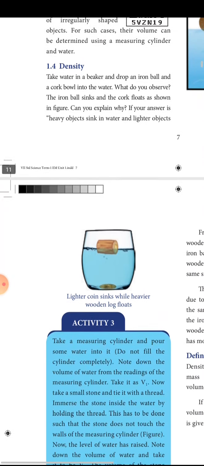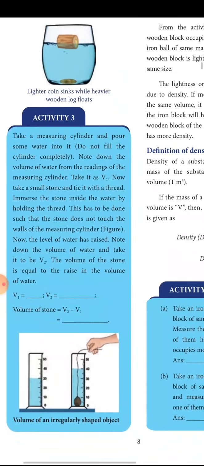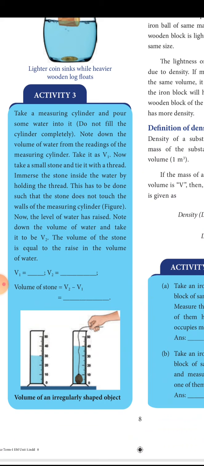Then what I said, volume of an irregular object, that I will send as a video. For example, if you want to find the volume of a stone, take a measuring jar filled with water and note down the level. Then dip the stone tied with a thread into the measuring jar filled with water.